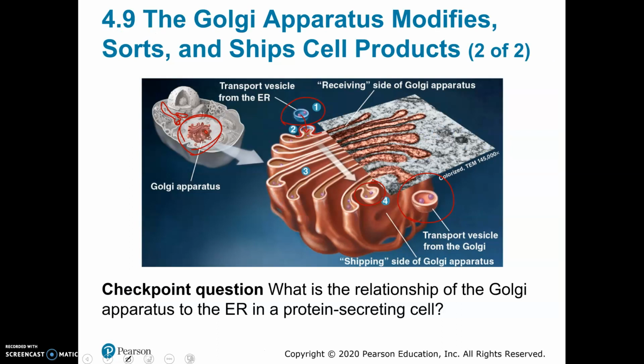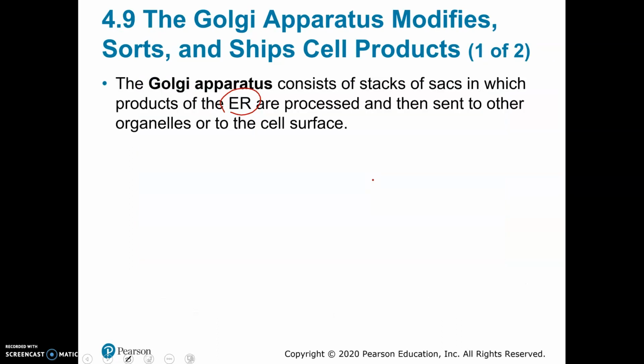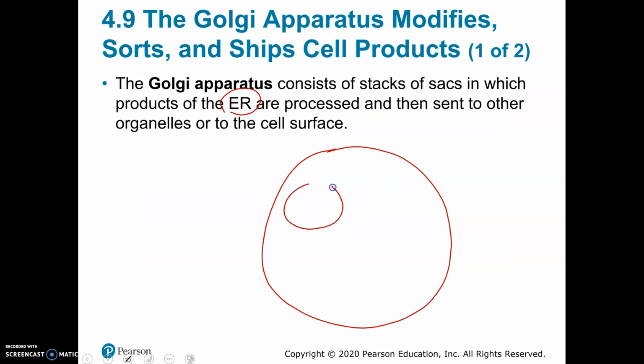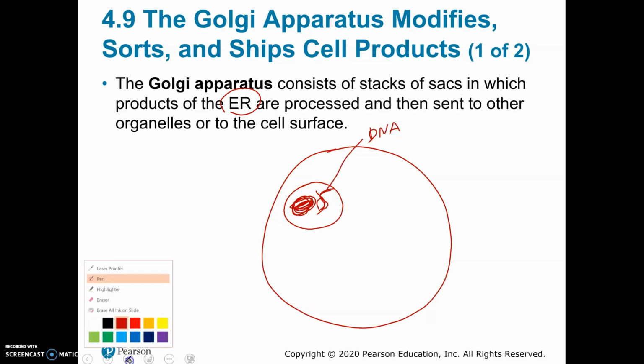So to summarize, I'm going to go back to this slide so there's a blank space. If a cell was going to make a protein, here are all the steps together that would have to happen. The DNA in the nucleus would have a code. That code would be read by mRNA, which is a messenger, and it would carry that message out to the ribosomes.